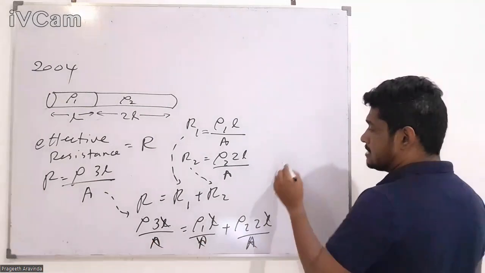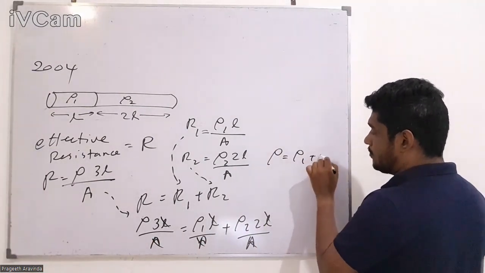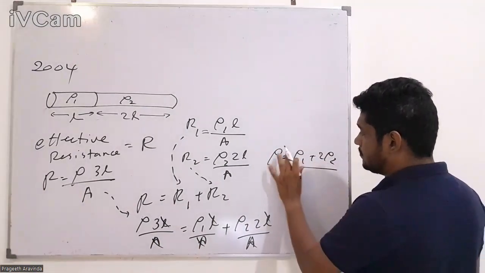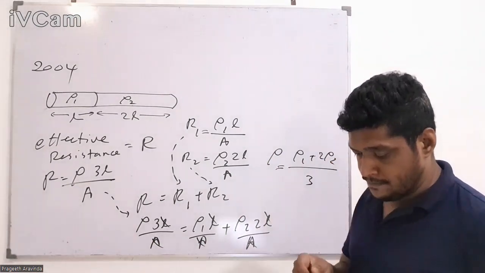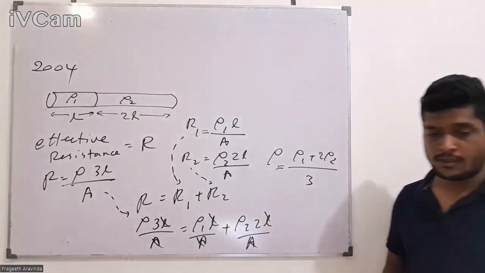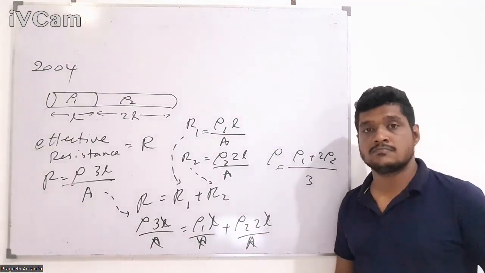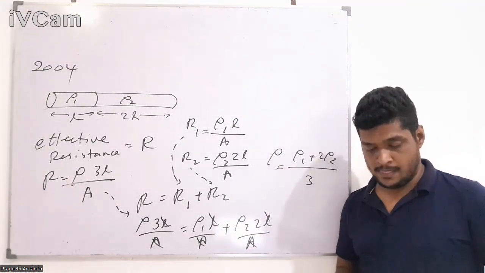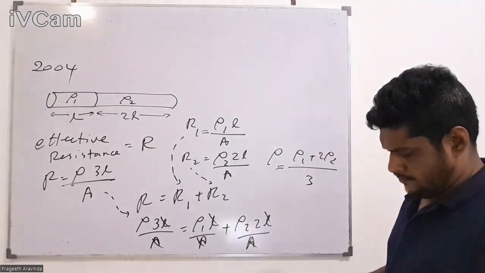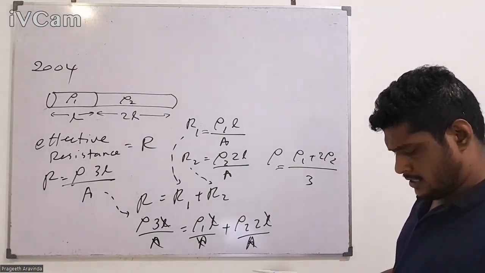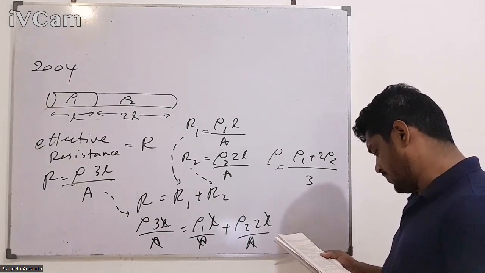So now you can write rho equals rho 1 plus 2 rho 2 over 3. එතකොට answer එක තියෙන්නේ 5th one, right? And then we can move to the 34. That is the question from 2005.